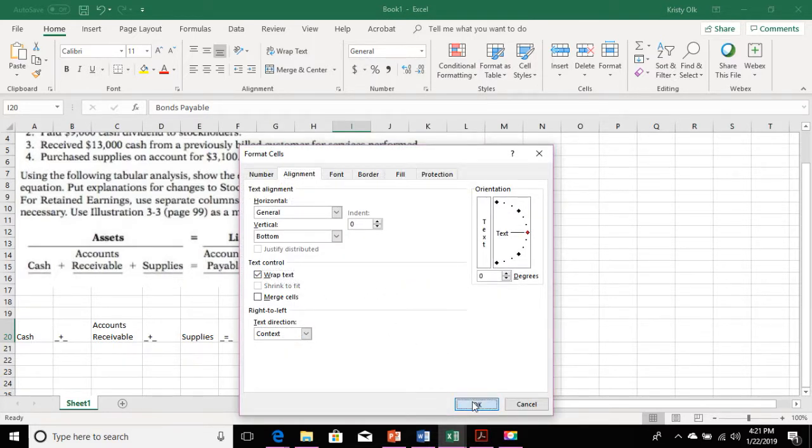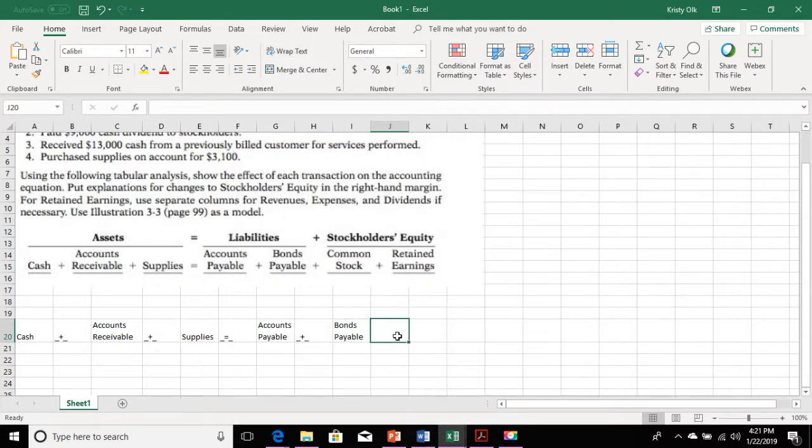Format the cells, wrap the text. Common stock. Same thing with the underscore and the plus sign. Retained earnings.